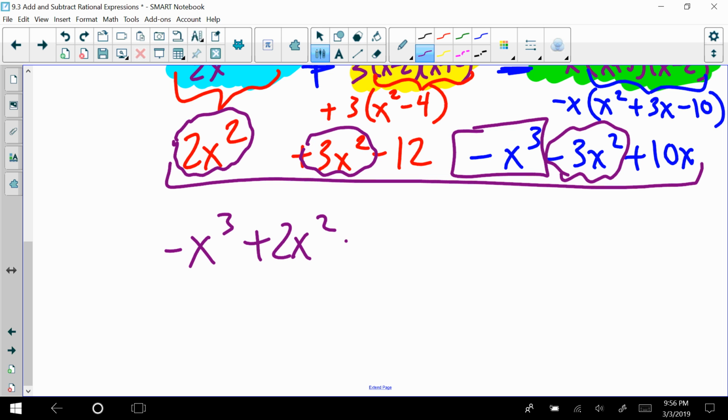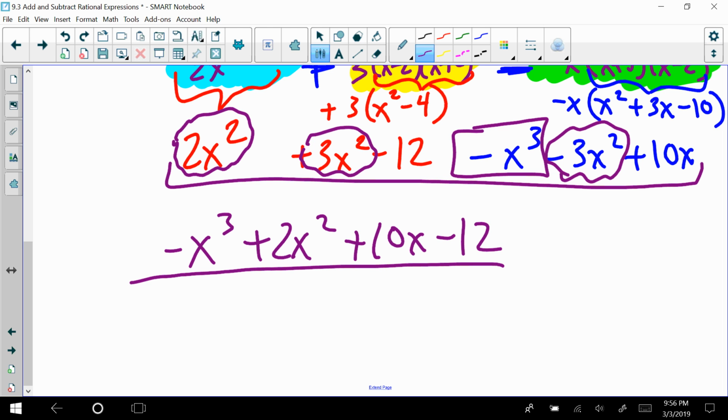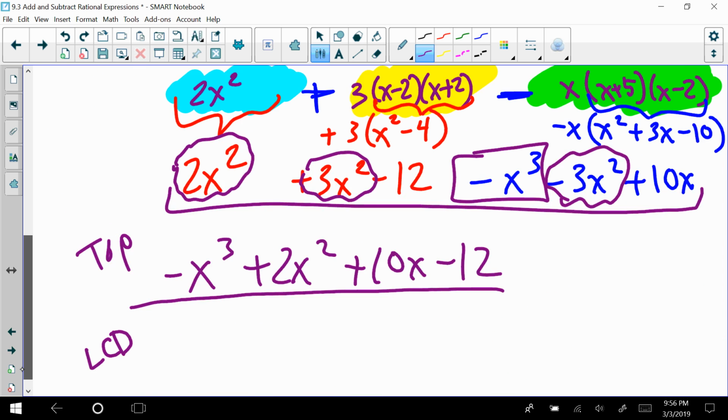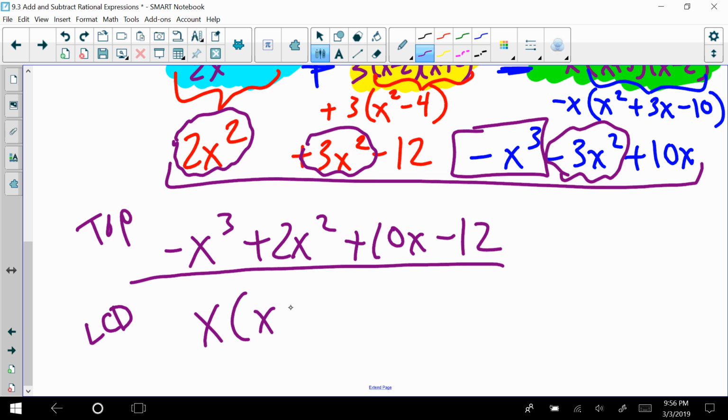Finally, I have a plus 10x, and then a minus 12. Now, this thing is all over. That's just the top. Well, what's the bottom? That is always the LCD. Well, what's the LCD that we got? That's this guy here. So that's x over x minus 2 and x plus 2.